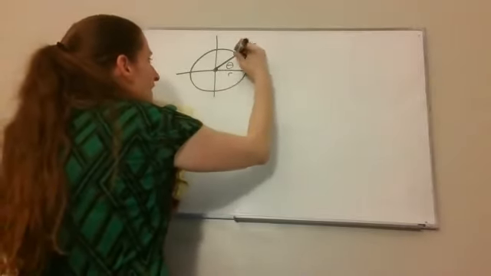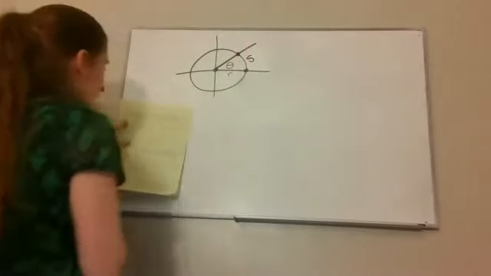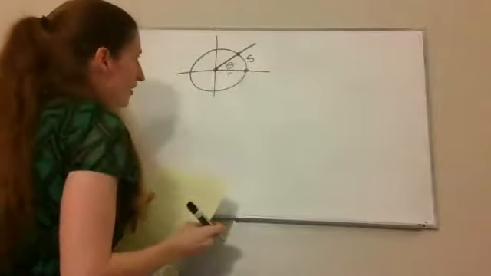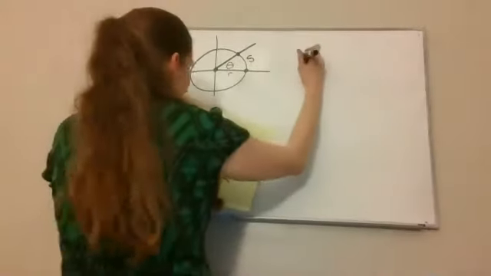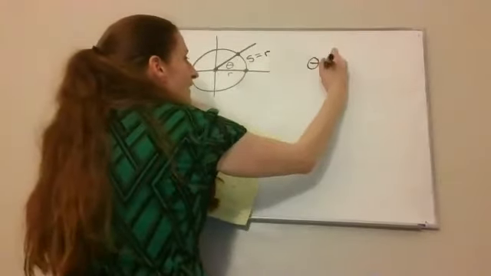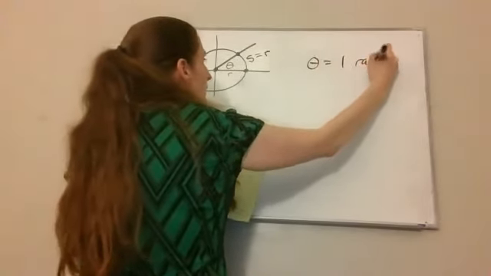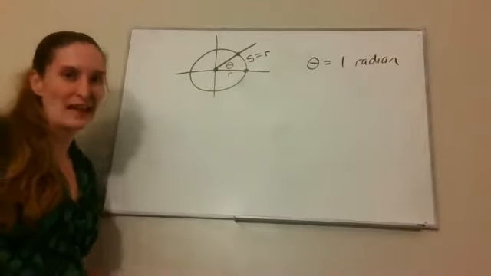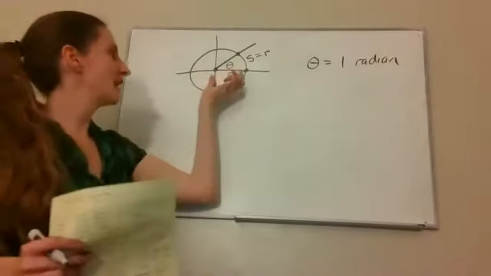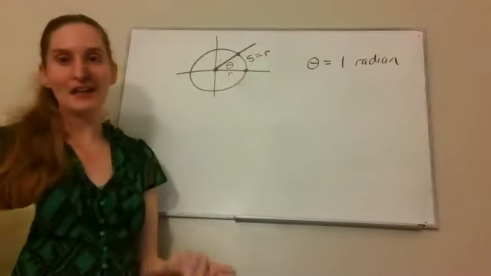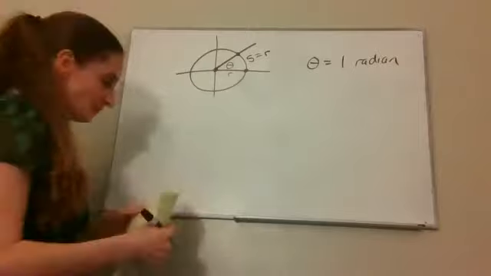And this distance here, I'm going to call S, is the arc, the measure of that arc. If S equals R, then theta is equal to 1 radian. Now, of course, my picture's not drawn perfectly to scale, but we're saying if this radius is the exact same distance as that curve, then that angle is equal to 1 radian.